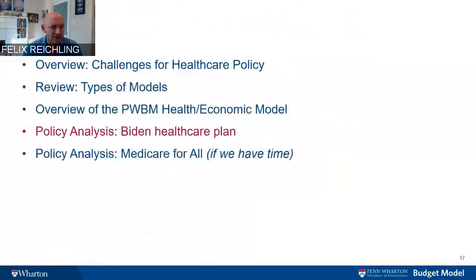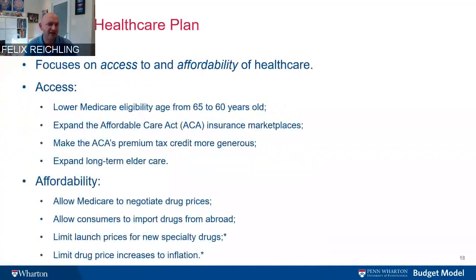All right, so let's talk about the Biden healthcare plan. The Biden healthcare plan focuses on two things: access and affordability. It tries to increase access to healthcare by first lowering the Medicare eligibility age to 60 from currently 65.